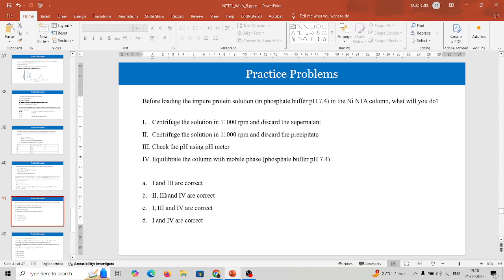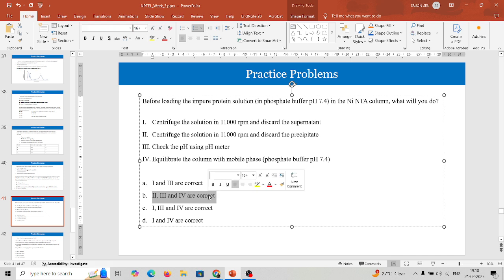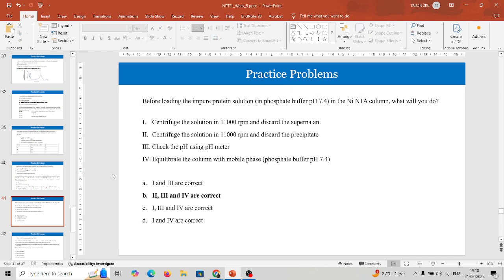So 2, 3 and 4 are correct. Because you have to check the pH, though it is not that very important when you are doing nickel NTA chromatography, but in any case you have to discard the precipitate because that does not contain your protein solution. The supernatant does.